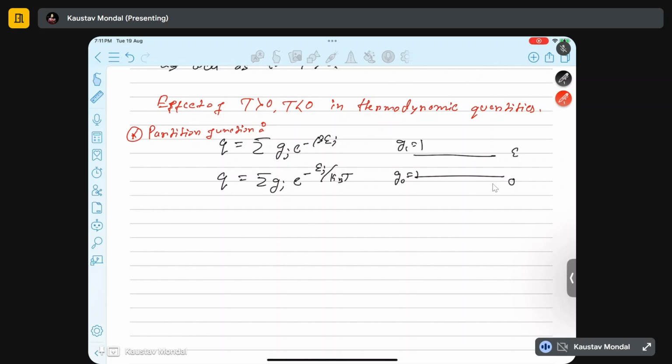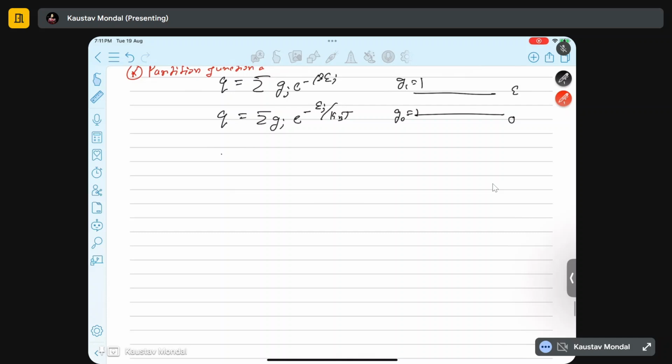In that case, the expression of the partition function would be 1 plus e to the power minus epsilon by kT. Let's suppose there is only a single particle in this two-level energy system.